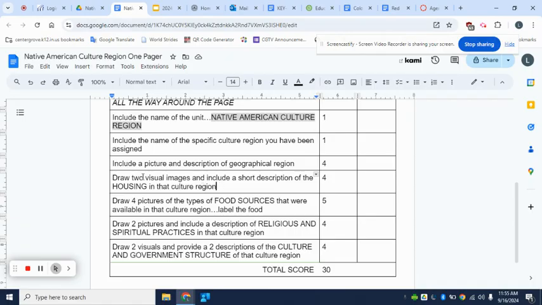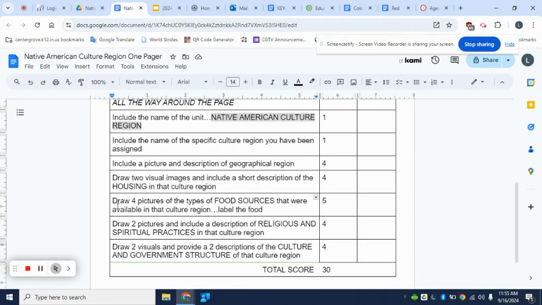So you need to draw 2 different visual images of the housing, and you need to include 1 short description of the housing. So what type of housing did they live in? How would you describe it? How many people could live in there? Your descriptions on this project should be, I would say, 1 to 2 sentences. So including 2 visual images and your short description, you would have 4 points.